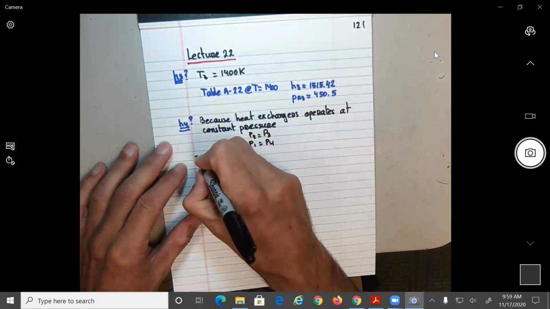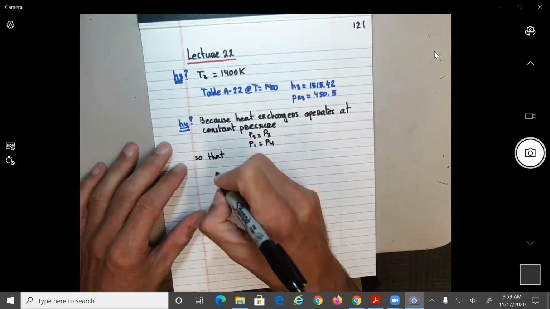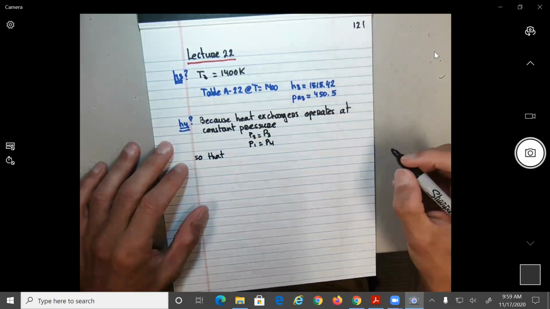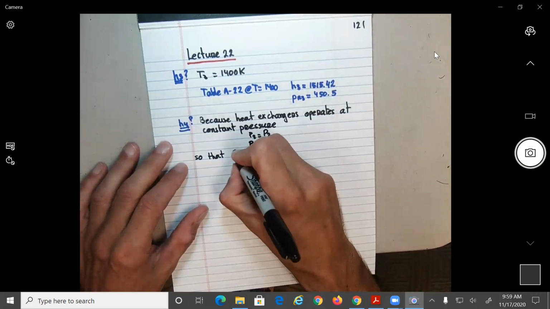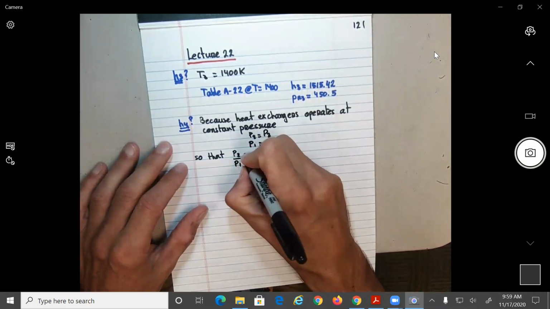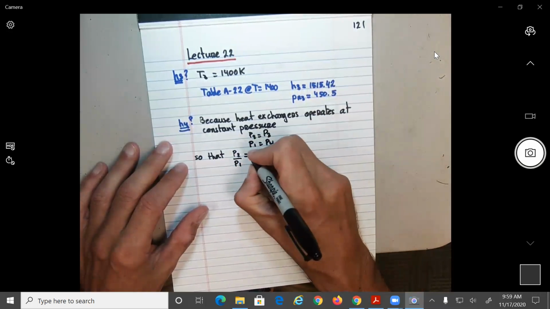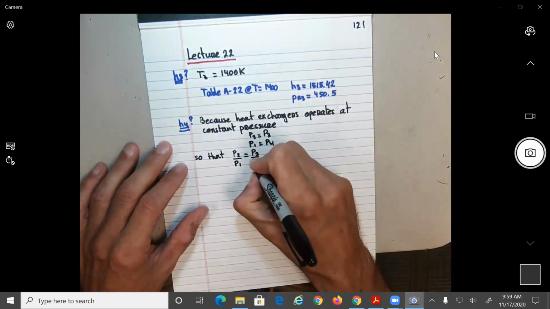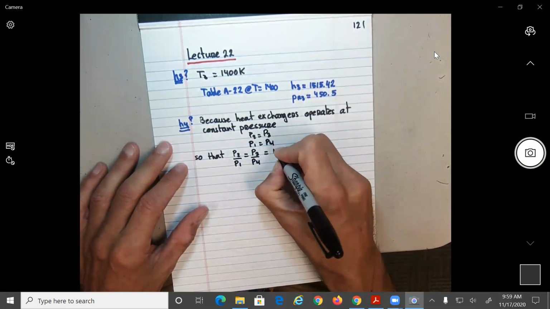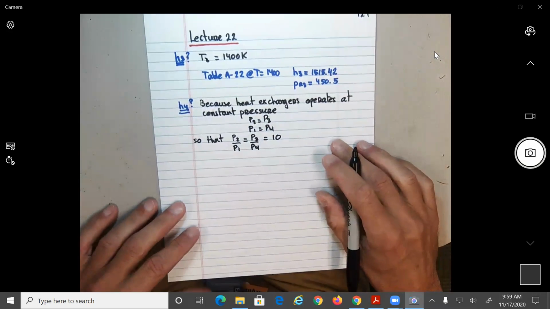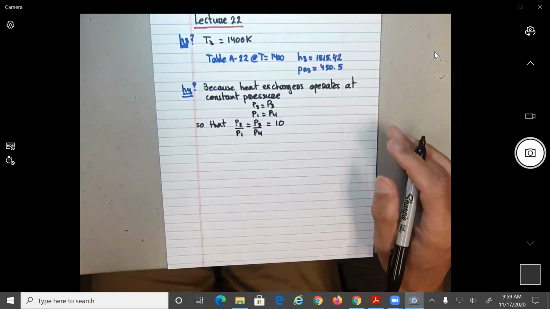All right, so what do we know from the problem? That P2 over P1 will be equal to P3 over P4, and we know that this is equal to 10.